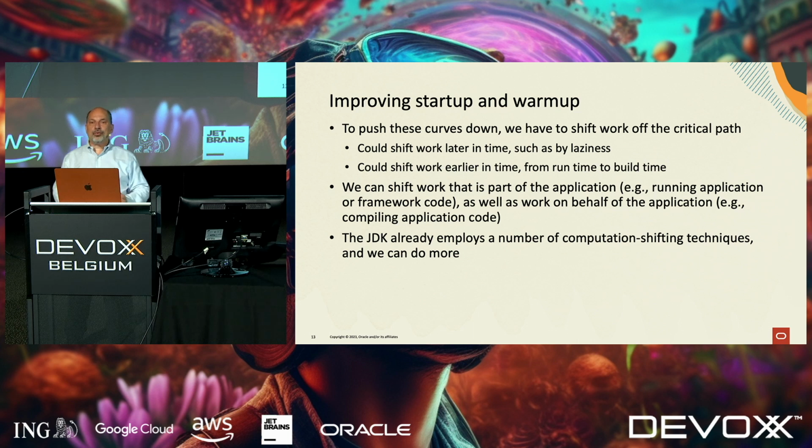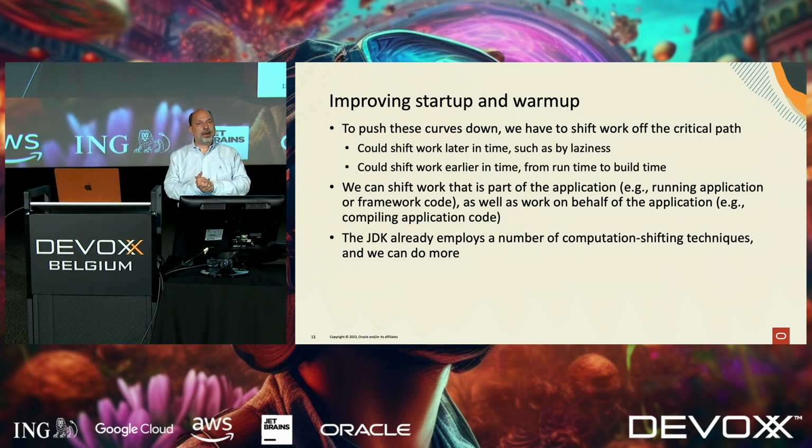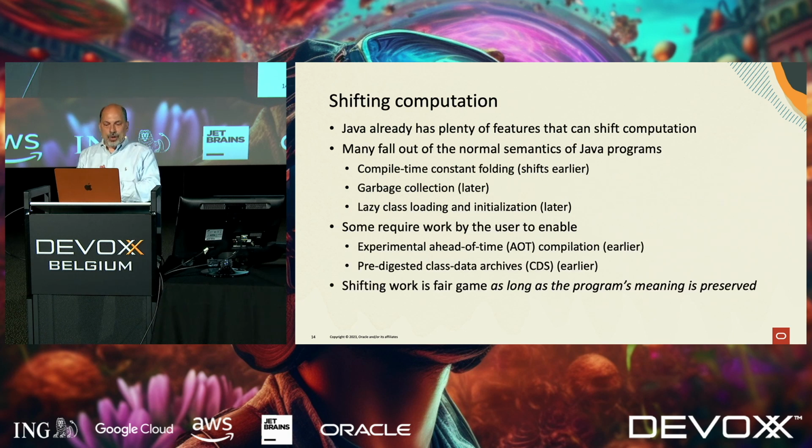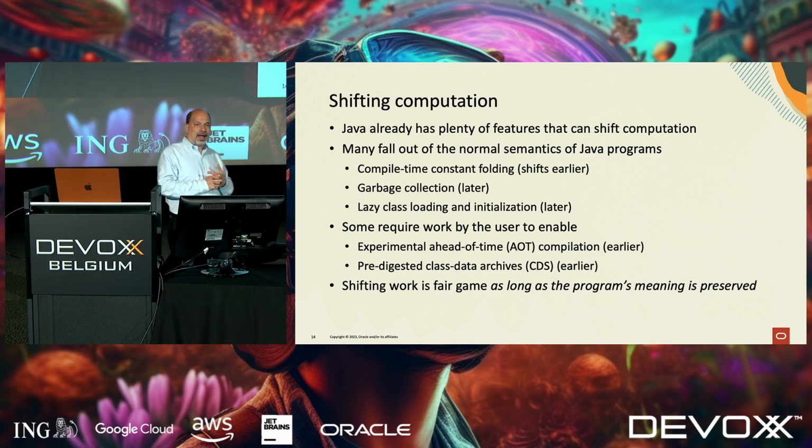And this is old hat for what JVMs do. The JVM already employs a lot of computation shifting techniques, such as garbage collection and constant folding and lazy class loading, etc. So a lot of these optimizations just fall out of the normal semantics of Java programs.